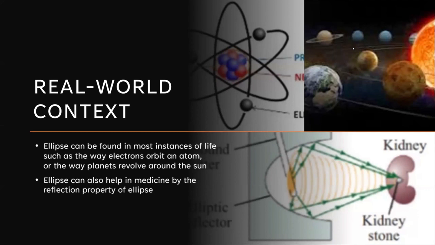They actually use an ultrasound transmitter and an elliptic reflector that pinpoints kidney stones without having to do any surgical operation. So ellipses have a cool reflective property that allows us to treat kidney stones medically or without surgical needs.